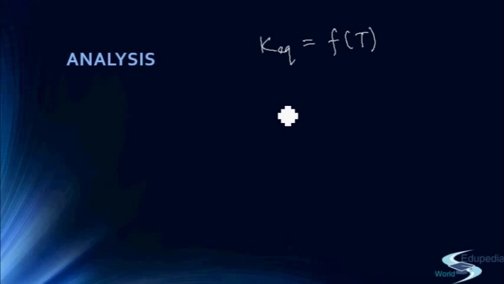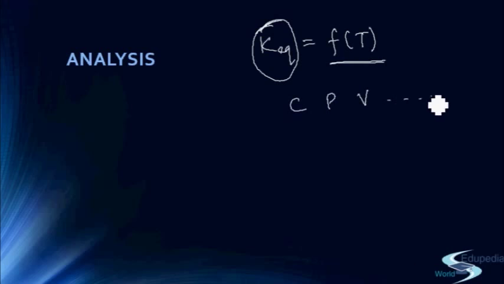So for a given chemical or physical process, the equilibrium constant is a function only of temperature, and it does not depend on any other values like concentrations, pressure, volume or whatever else you might think of. There is no way the equilibrium constant can change unless you are changing the reaction itself or stoichiometry, or you are changing the temperature. So because of this, K equilibrium remains constant.